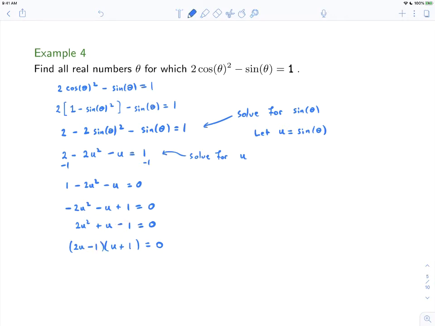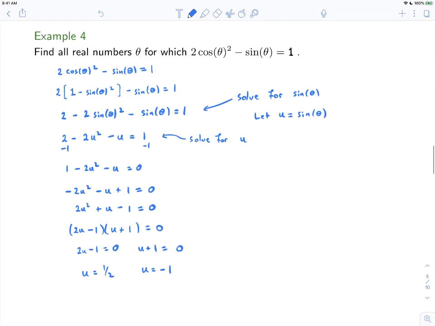So what we have here is that 2u minus 1 is equal to 0, or u plus 1 is equal to 0. This equation tells us that u is equal to 1/2, and this equation tells us that u is equal to minus 1. And this is when we remember, oh yeah, u is equal to sine of theta.